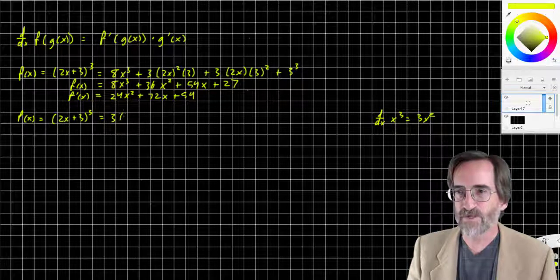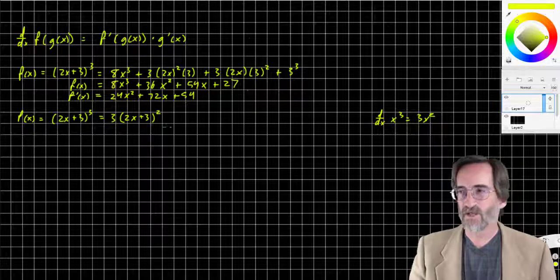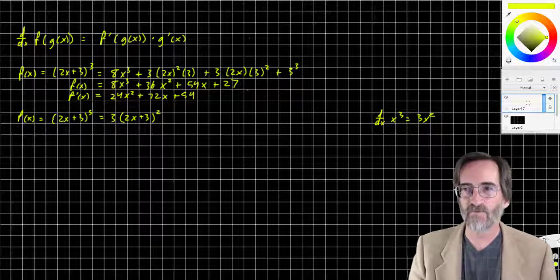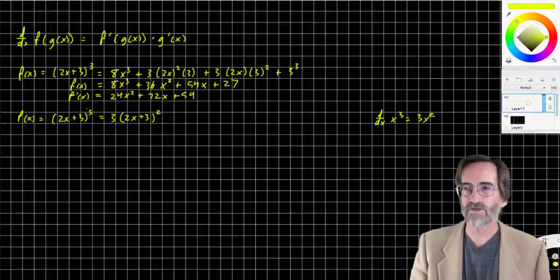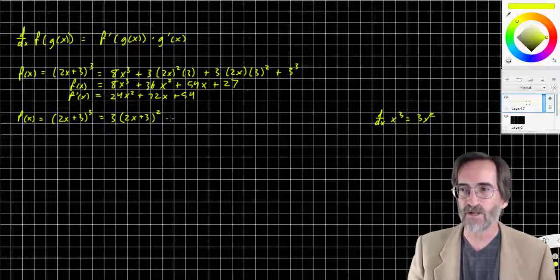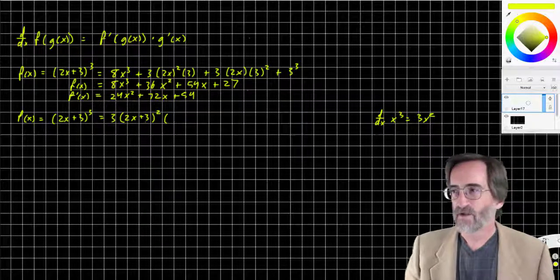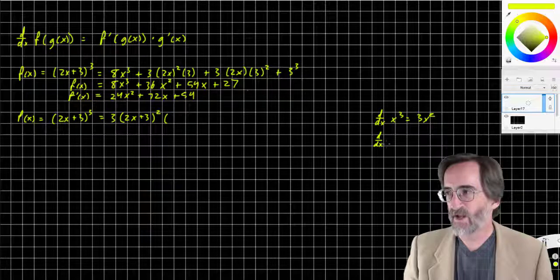That's 3 times the parentheses squared. So the derivative of (2x plus 3) to the third is 3 times (2x plus 3) to the second. But the chain rule now says I need to multiply by the derivative of the inside. The derivative with respect to x of 2x plus 3 is the number 2.